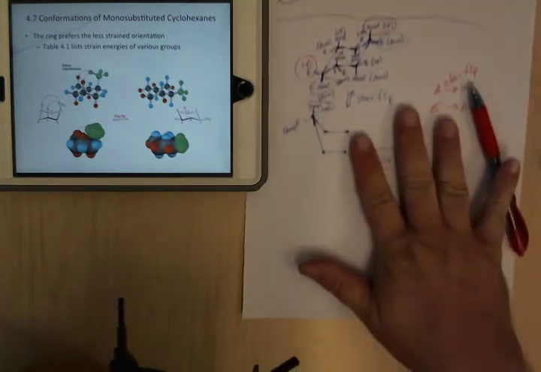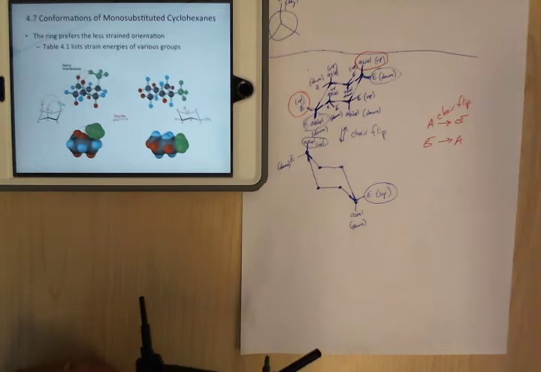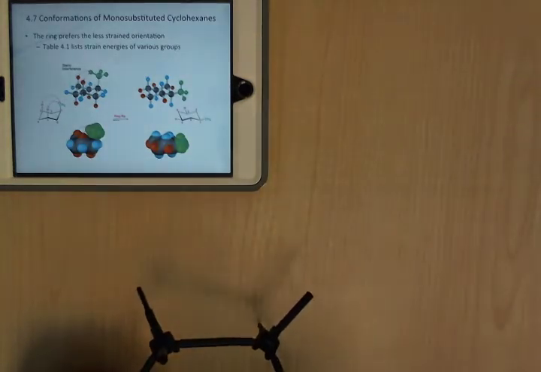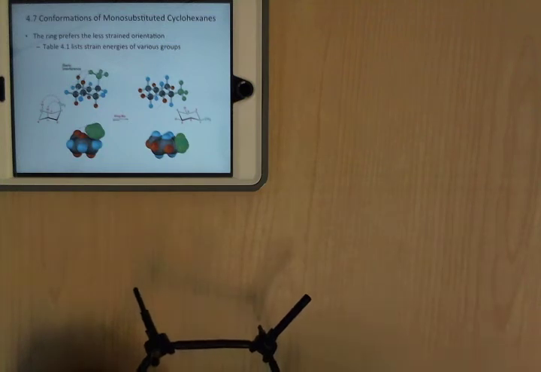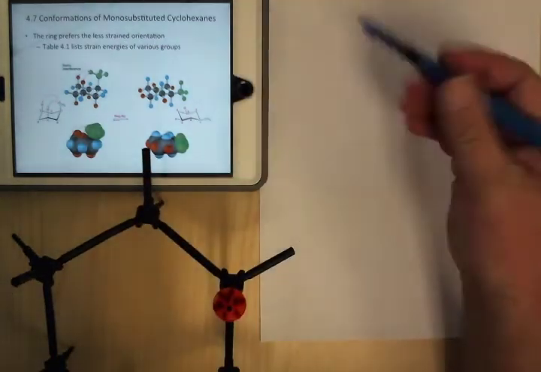So why would it do this? When in doubt, it's all because of relieving strain, either to be more reactive or to relieve strain. Remember when we were talking about Newman projections, we were talking about two groups sterically clashing.